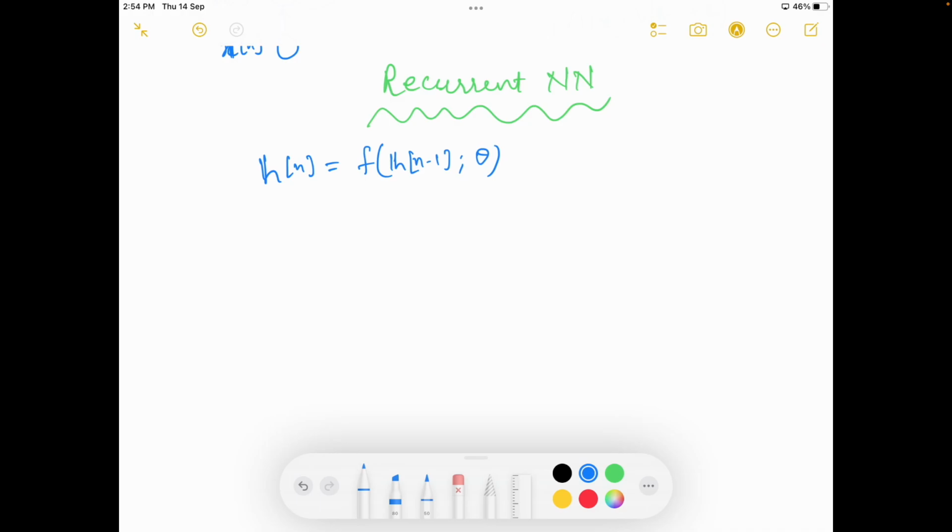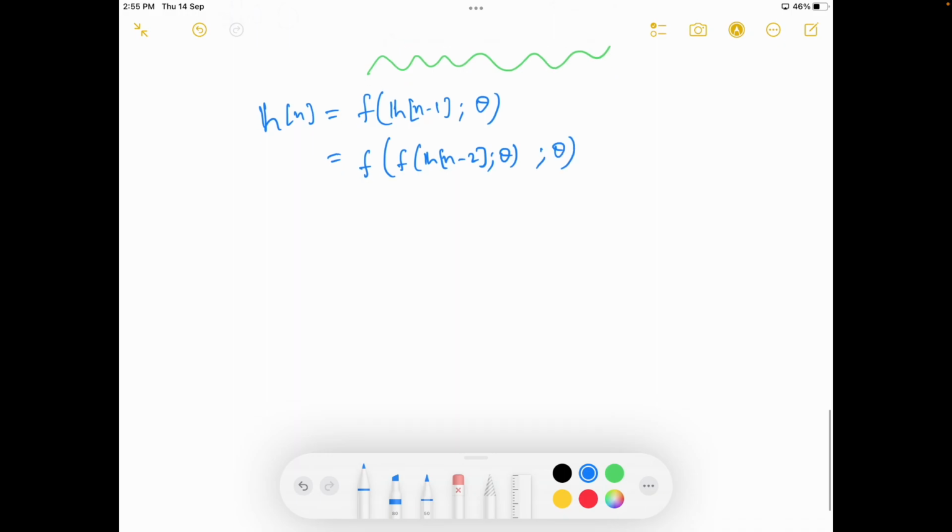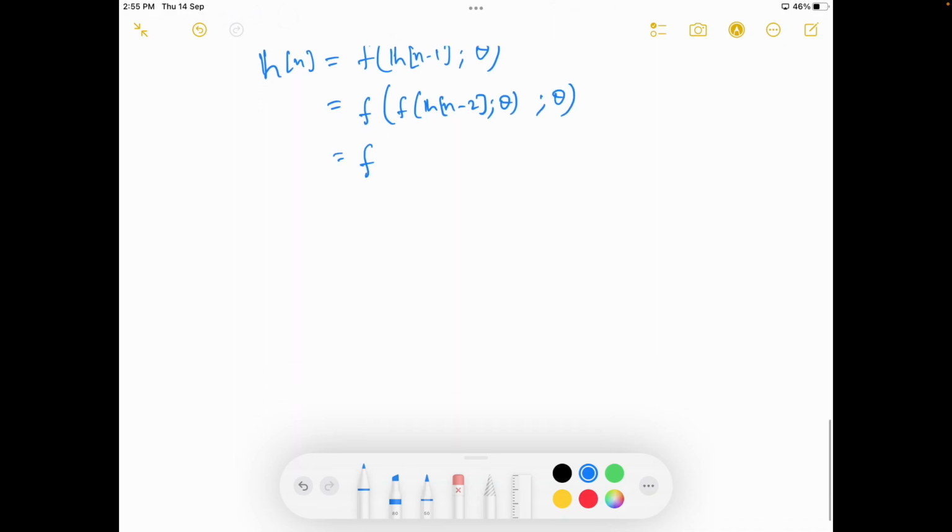But my h of n minus 1 is itself a function of h of n minus 2. My h of n minus 2 is a function of h of n minus 3. Right? How long should I expand it?